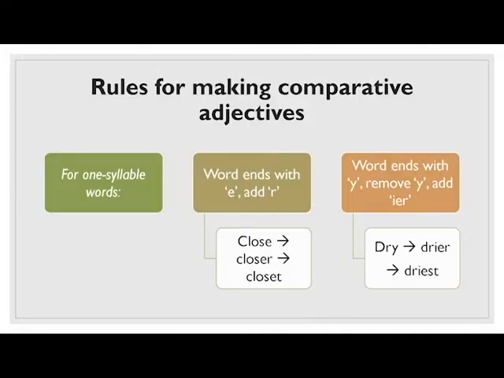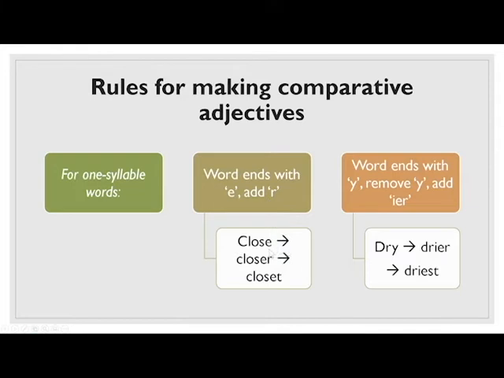What are the rules for making comparative adjectives? The first step is to check whether the adjective you're using has one syllable, two syllables, or more than two syllables. For one-syllable words ending with E, we add R at the end.